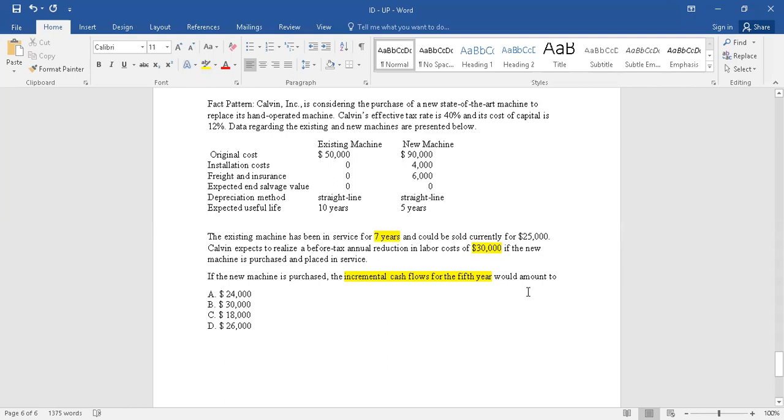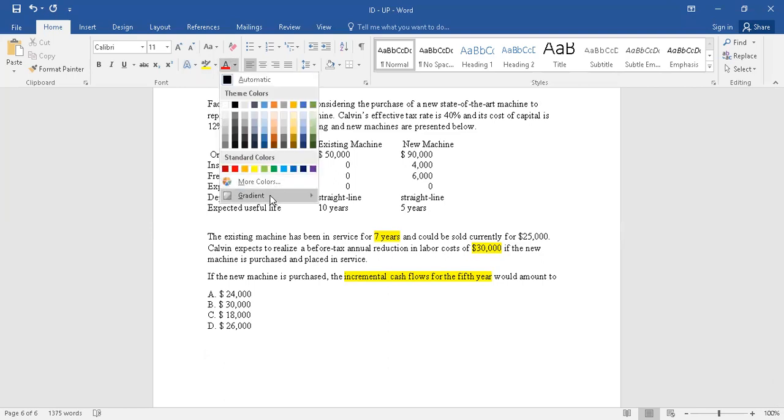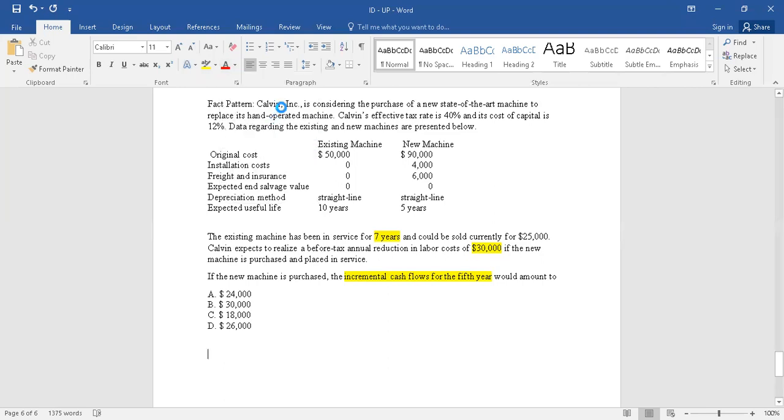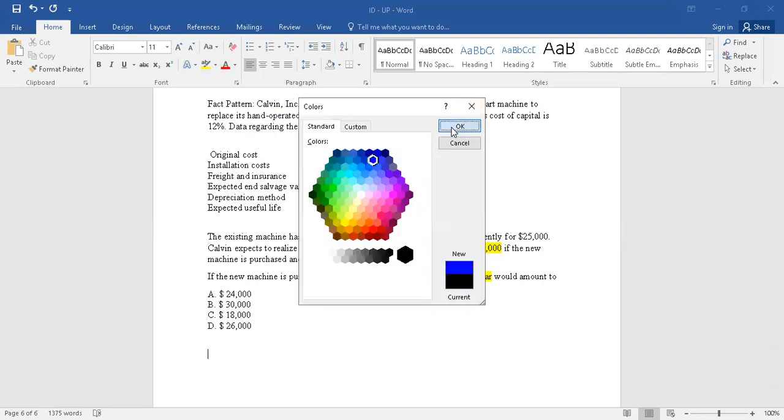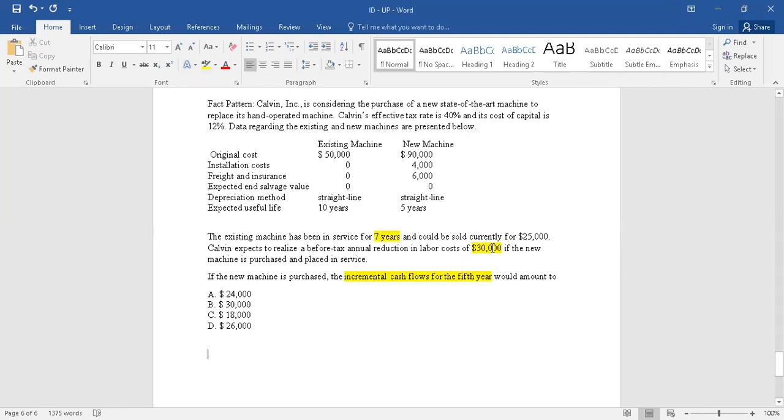whatever is the cash flow. See here, we do not see any cash flow as such flowing into the business, but we see that there is a reduction in labor cost of 30,000. So that will be considered as cash flow. So a reduction in labor cost, and that is 30,000.